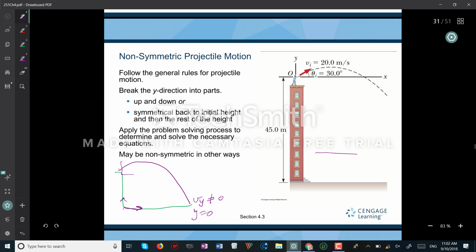You have a building, flames coming out of a window, and so the firefighter does what? Throws up some water. Hopefully, not always, able to reach that height.